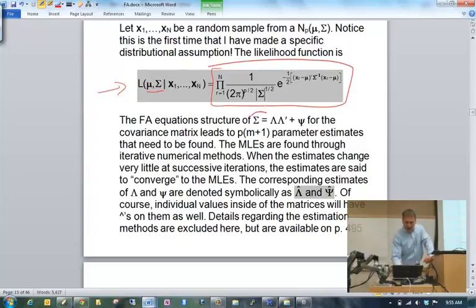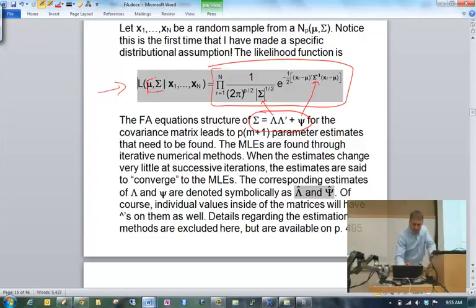Well, remember our factor analysis equations. Sigma is equal to lambda lambda prime plus psi. So wherever you see a sigma, I simply substitute what our model says.